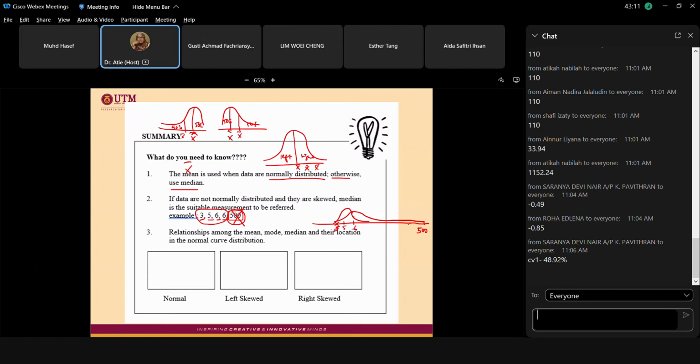Mamat, we don't know from nowhere, this Mamat spent 500 ringgit on his breakfast.